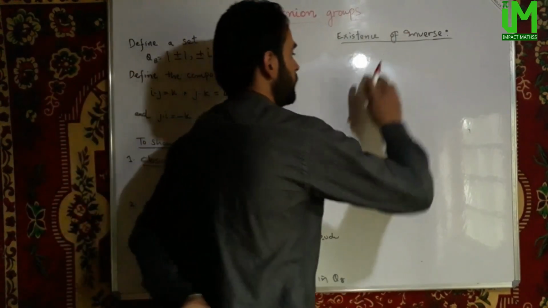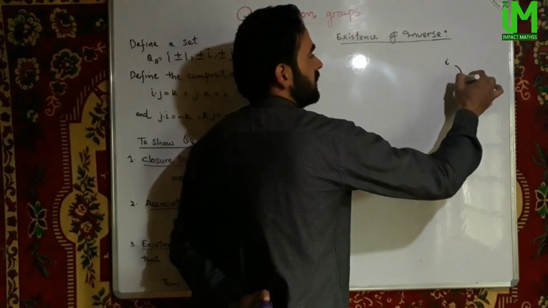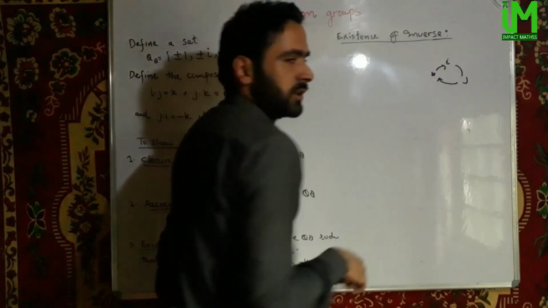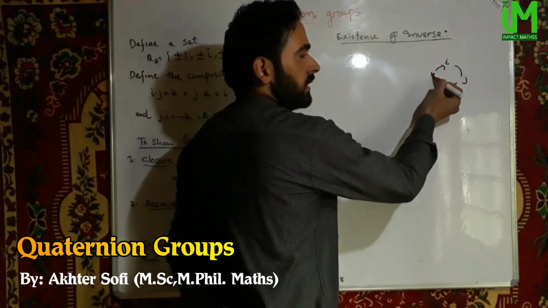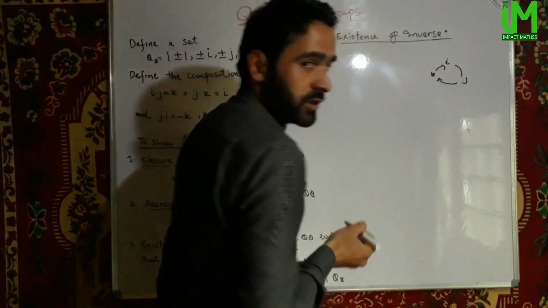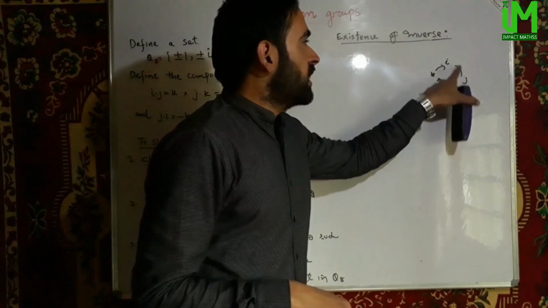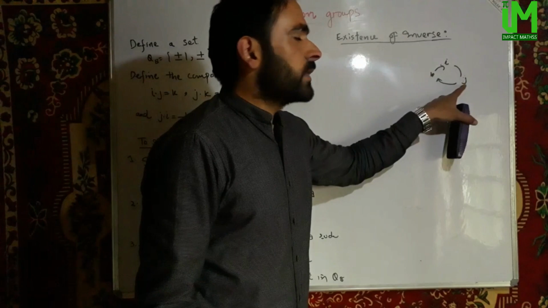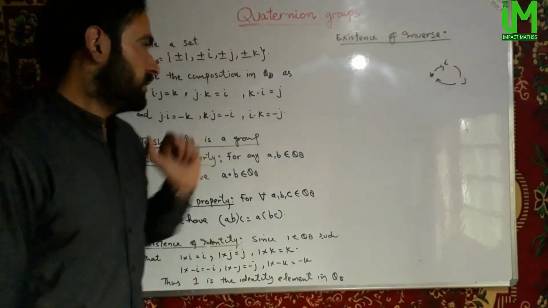So if we write i, j, k, and move in the clockwise direction, we take i dot j as k, j dot k as i, k dot i as j. But when we move in the anti-clockwise direction, we take j dot i is equal to minus k, i dot k is equal to minus j.